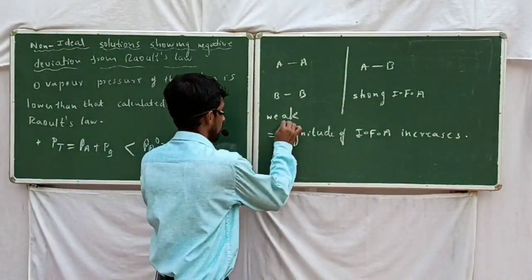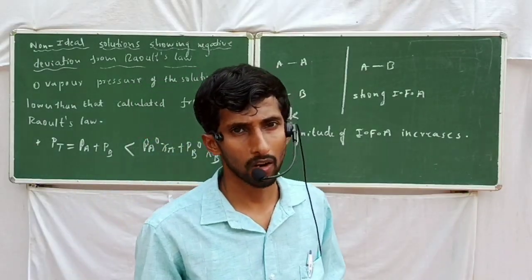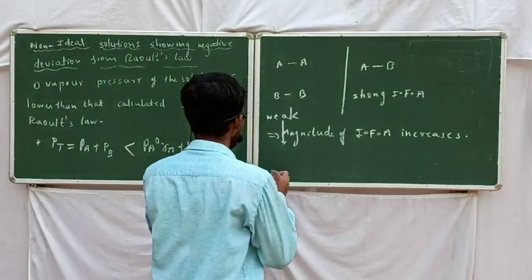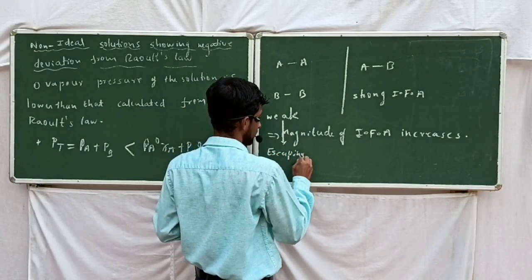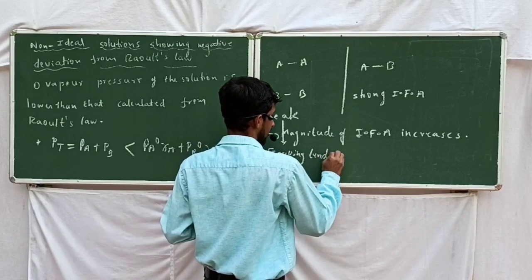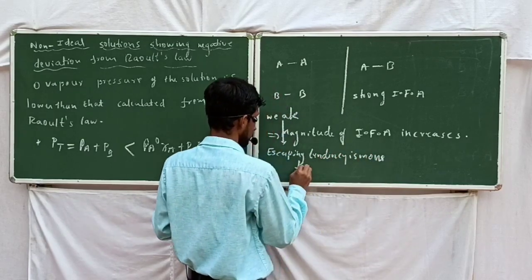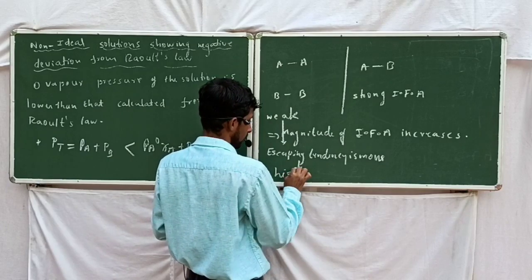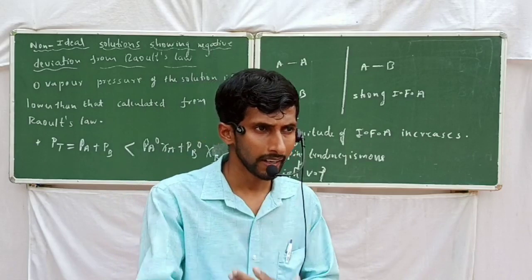If the intermolecular forces of attraction between the components are weak, then the escaping tendency is more, so high vapor pressure. Theoretically we are assuming like that.